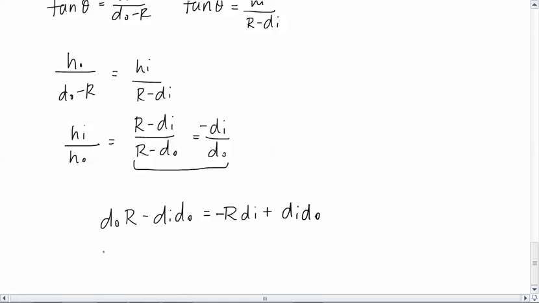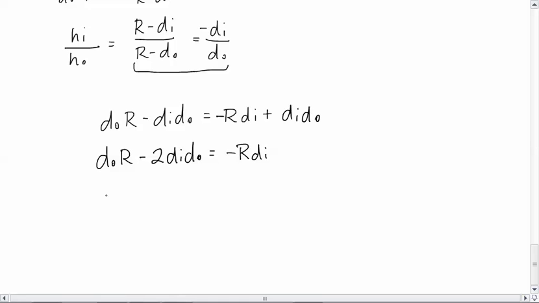Okay, so then DOR minus 2 DIDO is equal to negative RDI. So then DOR plus RDI is equal to 2 DIDO.